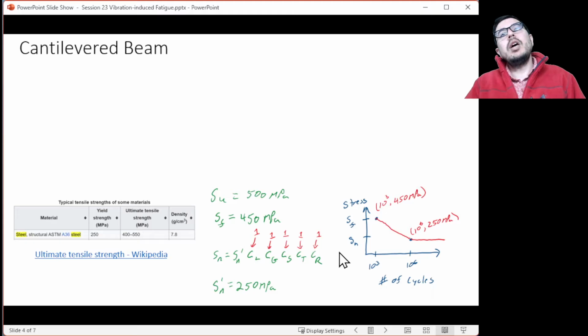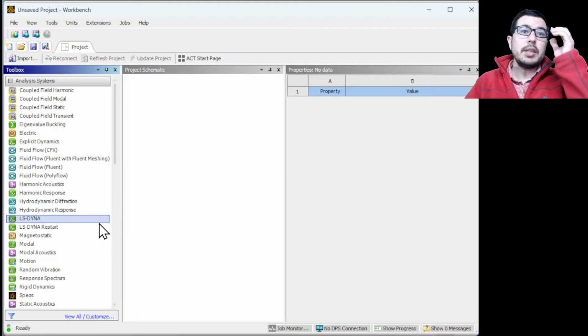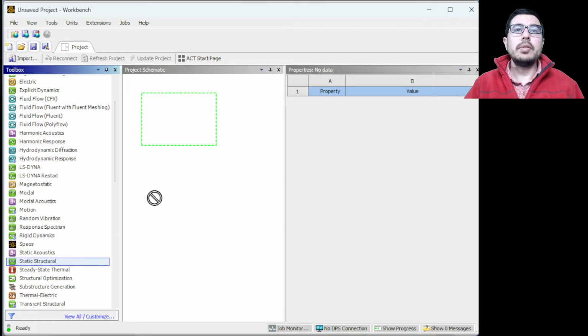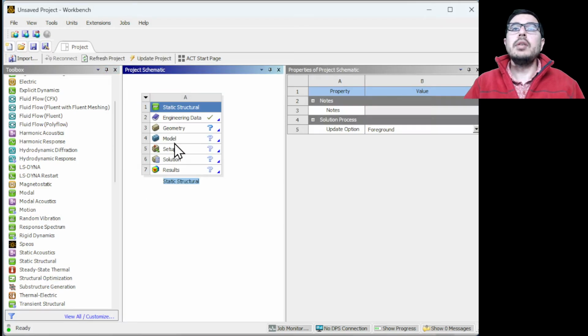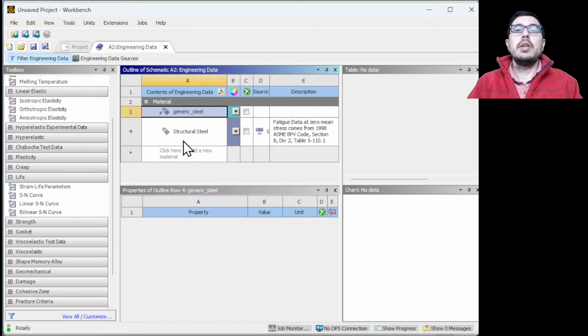Now, the geometry, so actually before we pull in the cantilever beam, let's go ahead and put these material properties in Ansys. So to do that, we're going to open up a new Workbench, and to get started, we'll use the Static Structural system, and we'll double click on Engineering Data, and we're just going to create a new material called generic steel, like that.